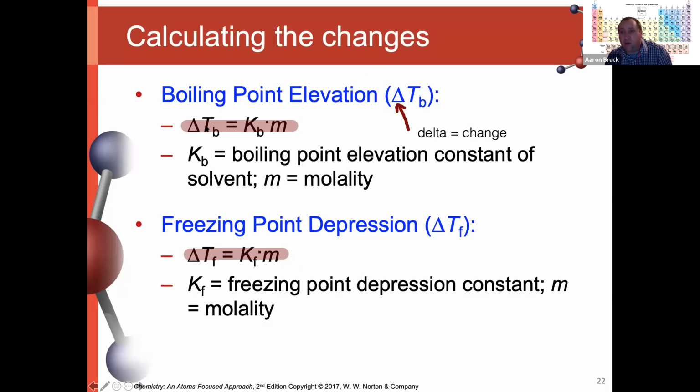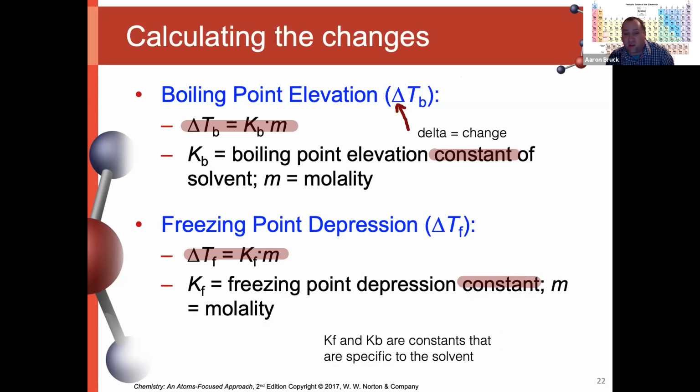The boiling point elevation, the change in the boiling point, is equal to Kb times the molality. Now, these values, Kb and Kf, are both constants, and they are specific to the solvent.